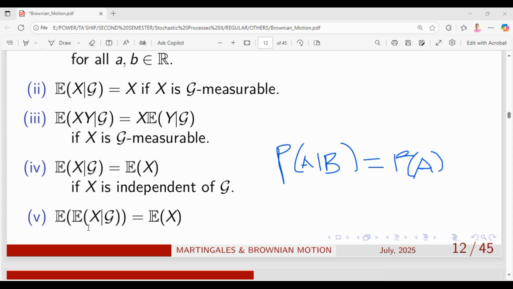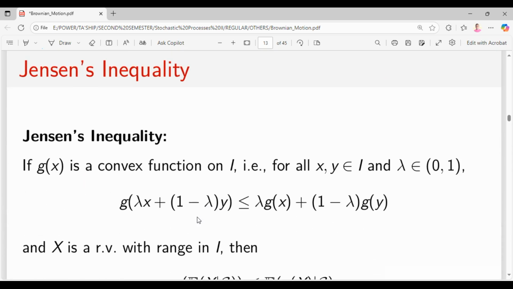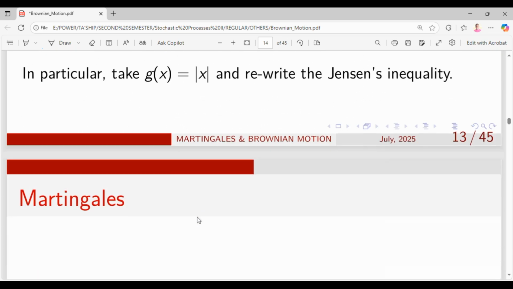So this is like a tower property, or a double conditional expectation. Remember, if X is G measurable, the expected value of X given G should give us X. Then we take the expected value of it again. That will just give us the expected value of X, right? Great. So this is Jensen's inequality. It's not so important at our application level, so we can skip that.